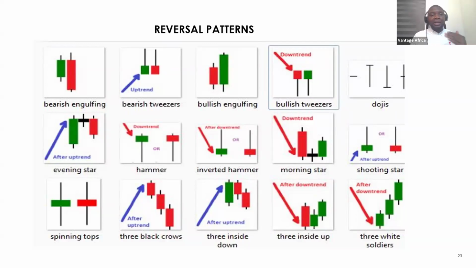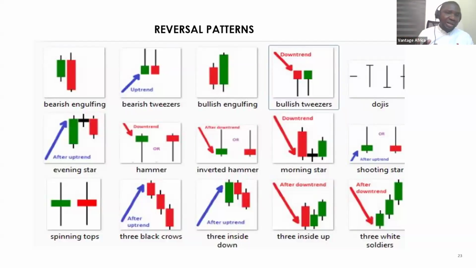Remember, you cannot determine what a candlestick will do until it closes. So when a candlestick closes in red, that tells you that the sellers eventually overpowered the buyers. That's why it closed in red. If it closed in green, it means the buyers overpowered the sellers.